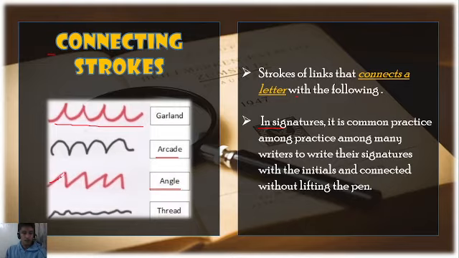So they are pointed, they are usually pointed. Okay, and we have here the thread-like, this is observable on those handwritings that are written in a fast way. So that is the four connecting strokes.